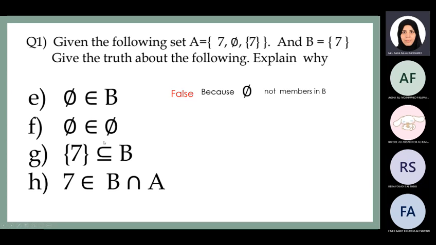Actually not, because there is no element in it. So you will never find anything, whatever it is, belonging to phi, because phi is an empty set. So this is false. But if it said phi subset of phi, yes, because phi is a subset of any set. You have to distinguish between belong to and subset.